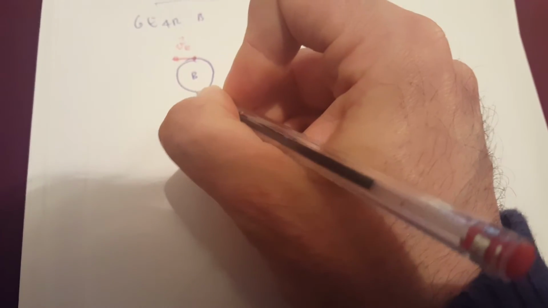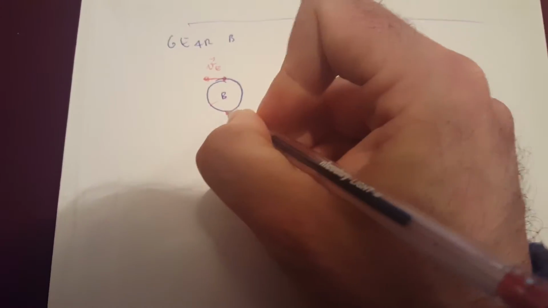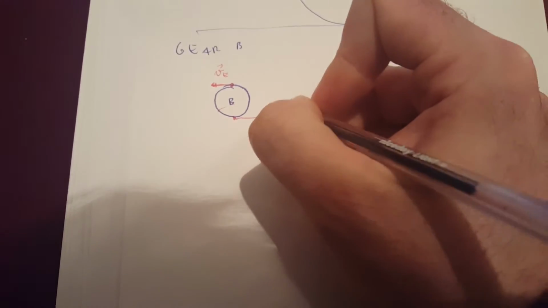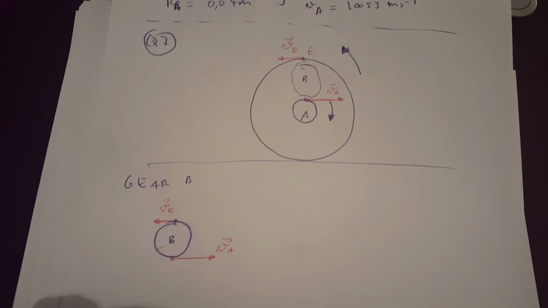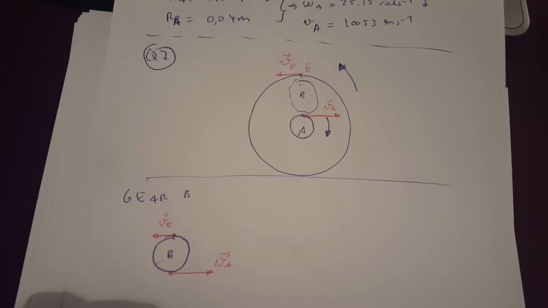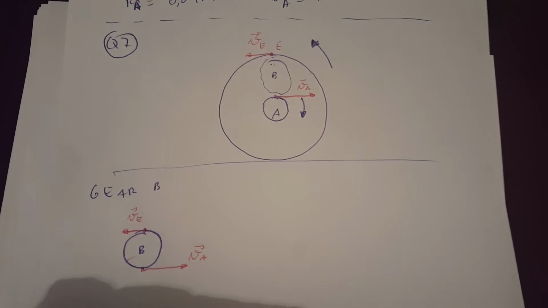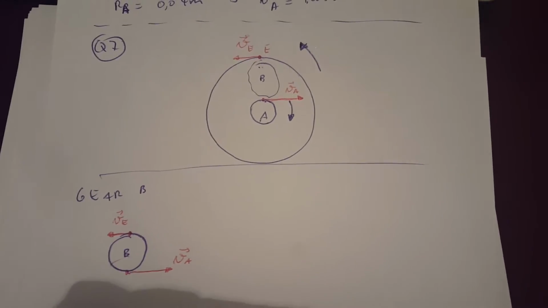And I know that the velocity at this point at the bottom, which I will call point A, is to the right and is VA. This is something I know because the gears do not slip. That's a feature of the gears. They are meshed together through their teeth.